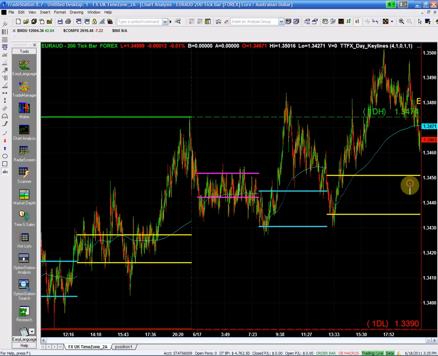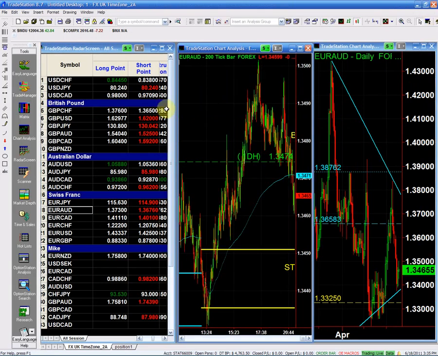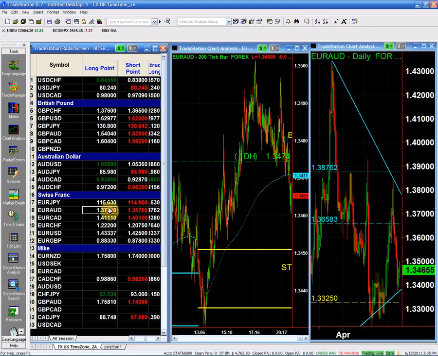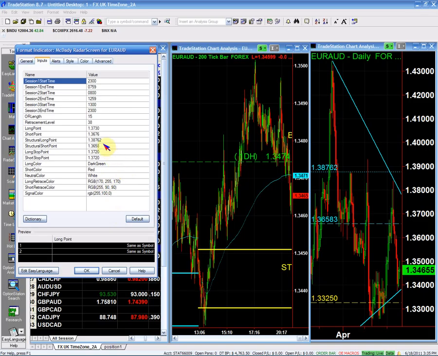Okay, and I'm only going to go short below 133.74. All right, so for the euro Aussie, I'm going to buy above 134.80, and my stop is going to be 134.50, which is right there inside the range.